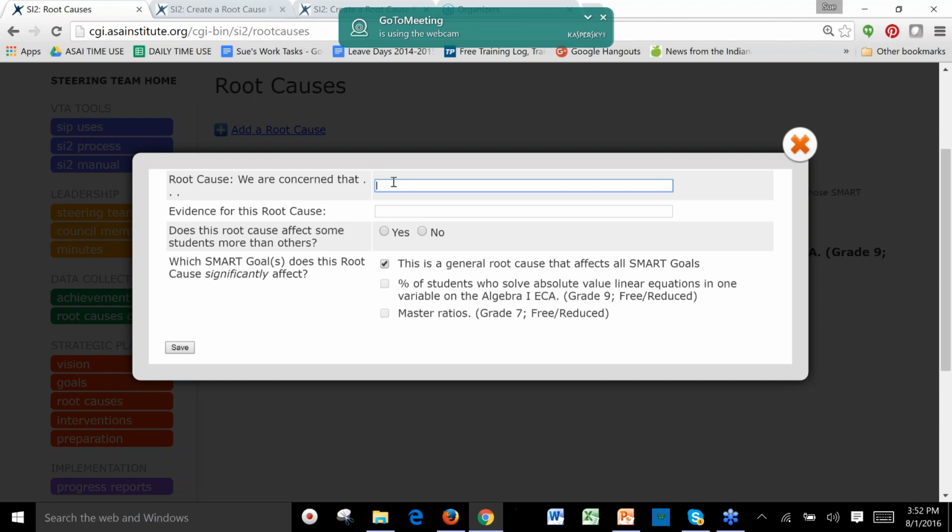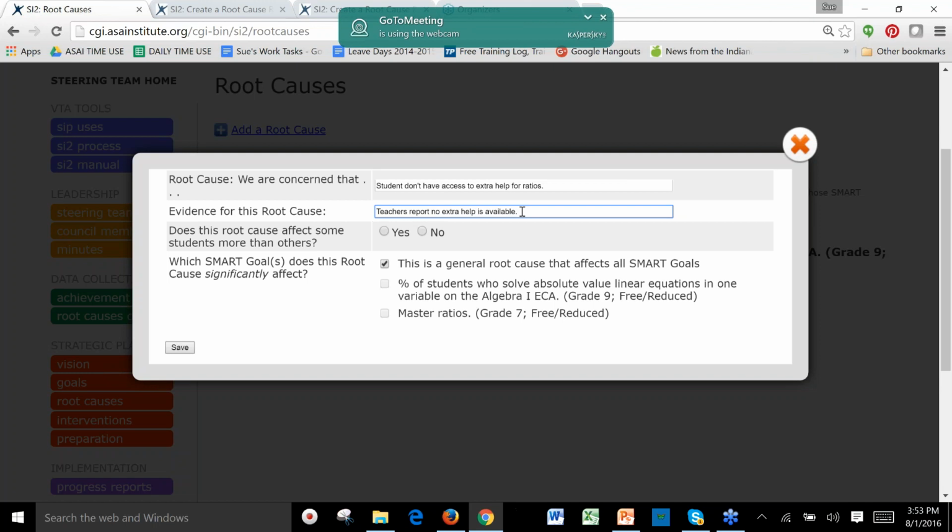We are concerned that students don't have access to extra help for ratios. Evidence of the root cause, teacher's report, no extra help is available. This might also be data from the survey.